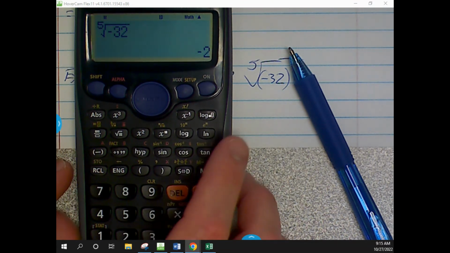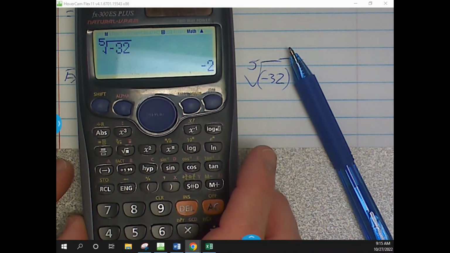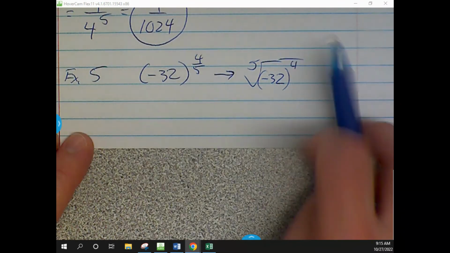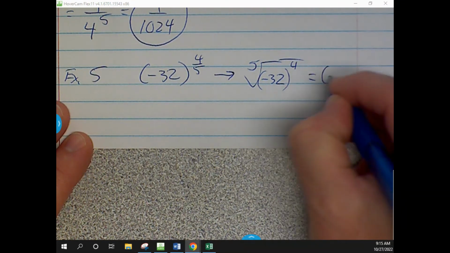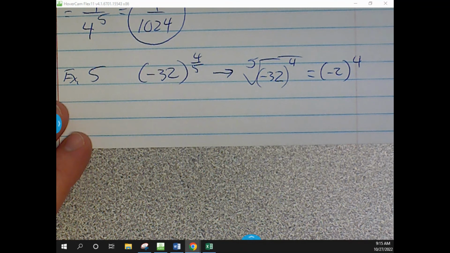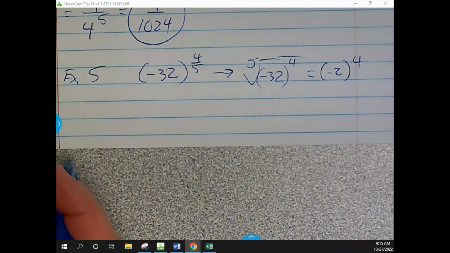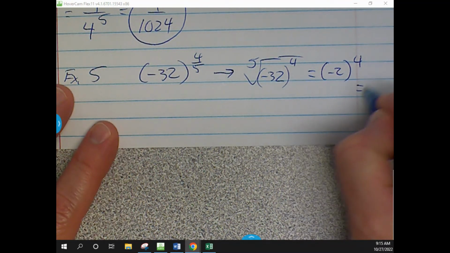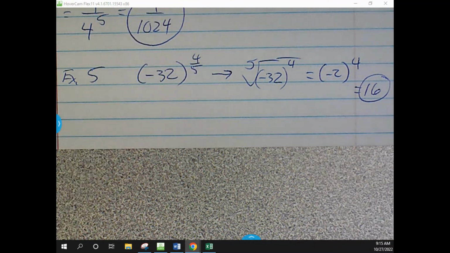And it doesn't matter which one you check it with, any calculator, if you do the 5th root of negative 32, that's going to come out to be negative 2. So that's negative 2 to the 4th power. And if you multiply negative 2 four times, it's going to make it positive. And 2 to the 4th would be 16.